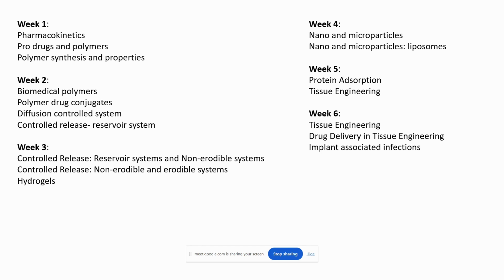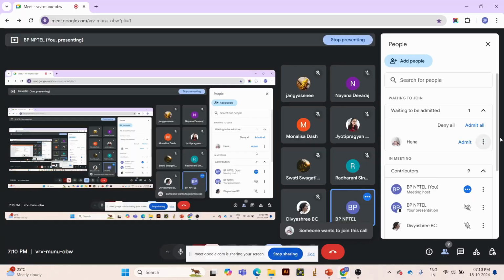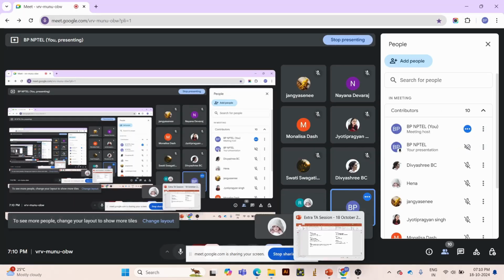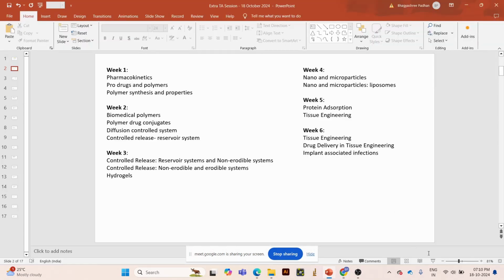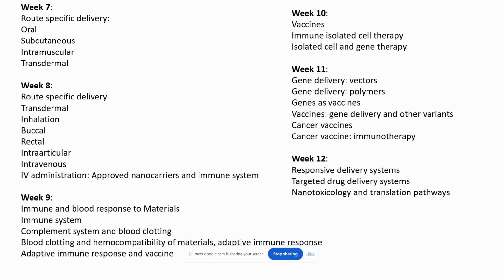Week 5 was all about protein adsorption, what the coating is, how biomaterials interact with these proteins, and how you can avoid protein adsorption onto your biomaterial surface, and tissue engineering. Week 6 was about drug delivery, tissue engineering, implant associated infections, biofilm formation, and how to prevent biofilm formation and all other associated infections.